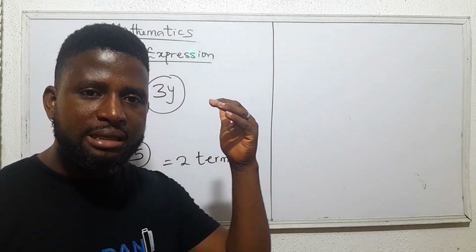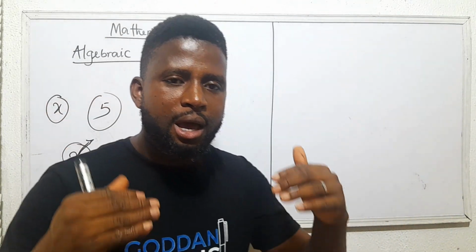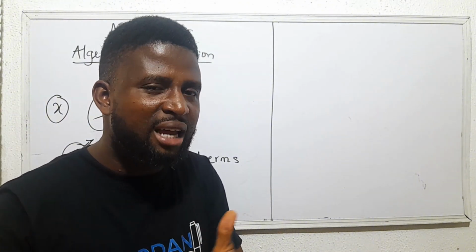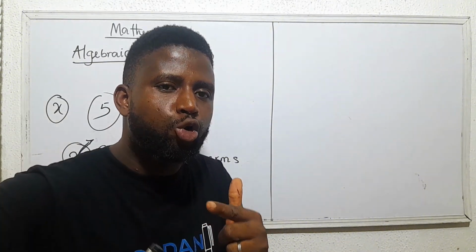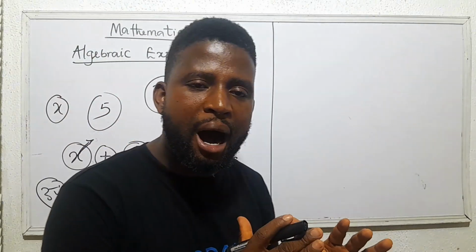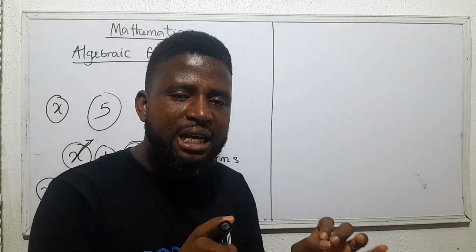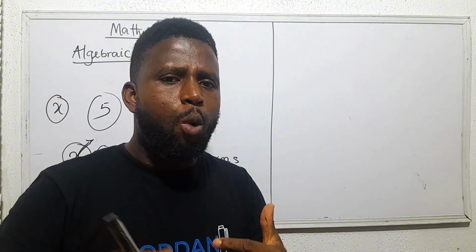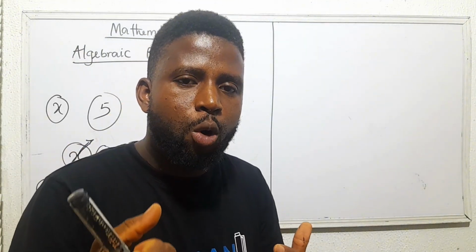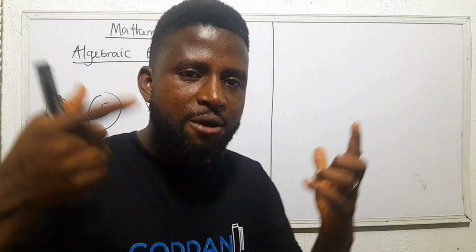Now, what is a variable? In mathematics, a variable is a symbol or a letter of the English alphabet that is used to represent an unknown number or an unknown quantity. So if the number or the quantity of a thing is not known in mathematics, we represent that unknown number with a letter that is called a variable.